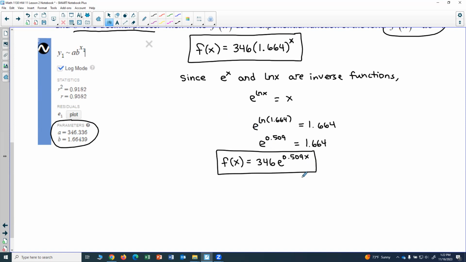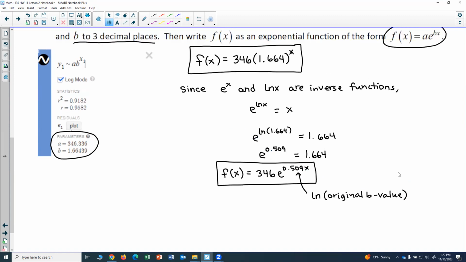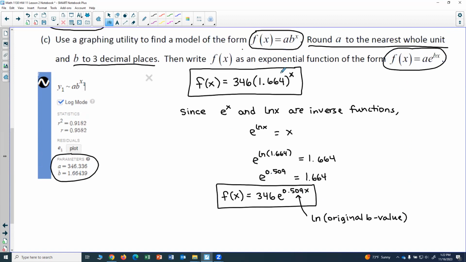So this value, the 0.509, is always going to be the natural log of the original b value. And so we have two equivalent exponential functions, one in the form a times b to the x, and the other in the form a times e to the bx.